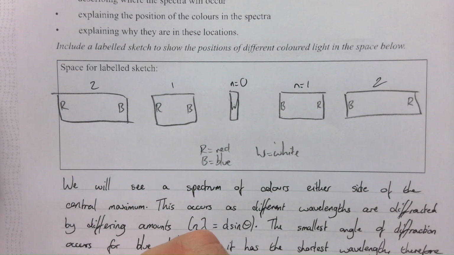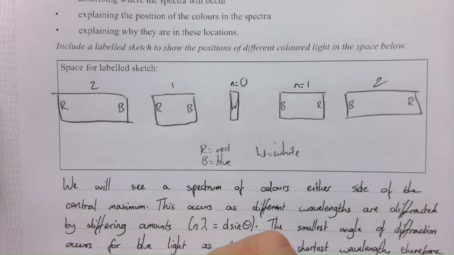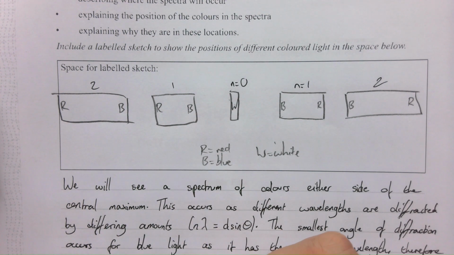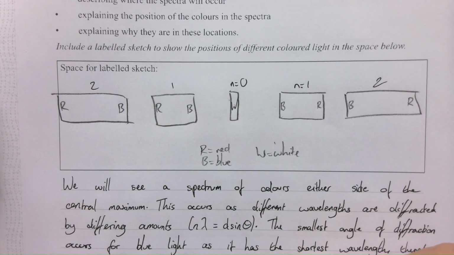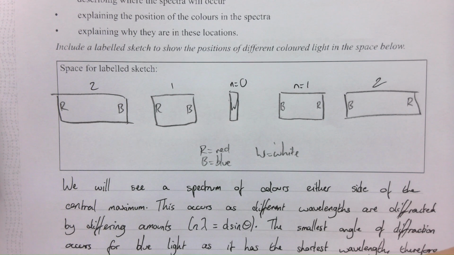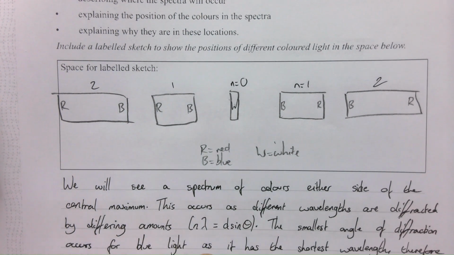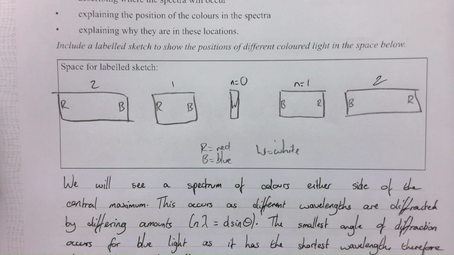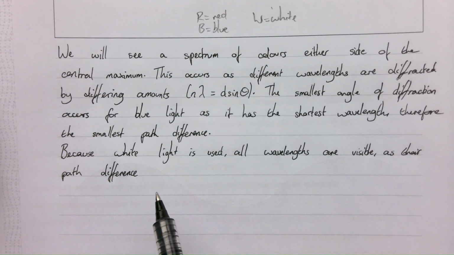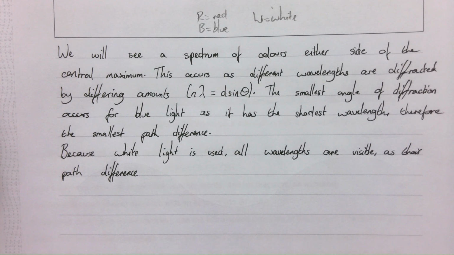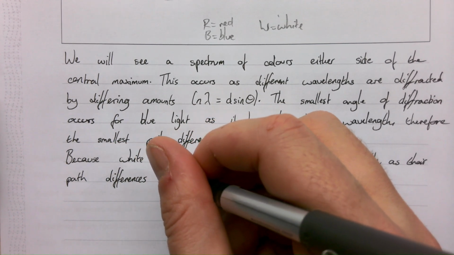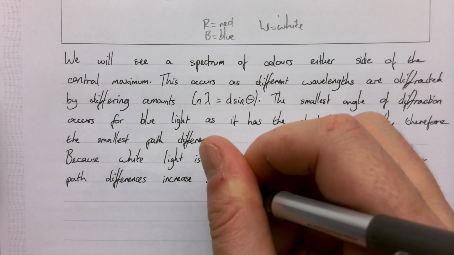Because white light is used, all wavelengths are visible as their path differences increase slightly.